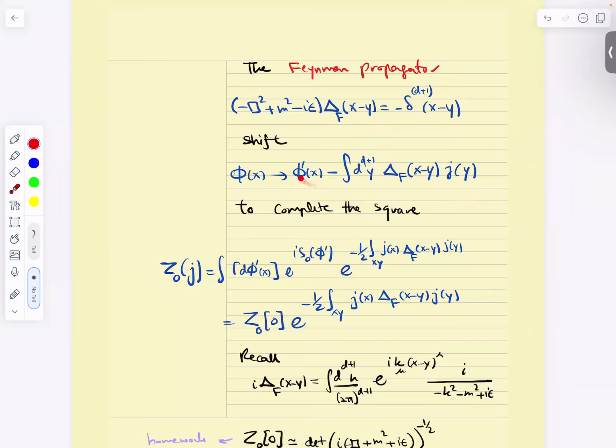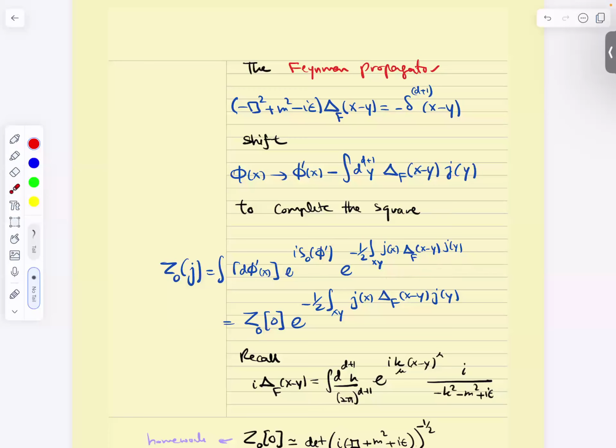You send phi of x to phi prime of x, plus the integral of the Feynman propagator times j(y). Phi of x is a dummy function, right? I'm integrating over it. So field redefinitions are my freedom, I'm integrating over them, so I can do that.